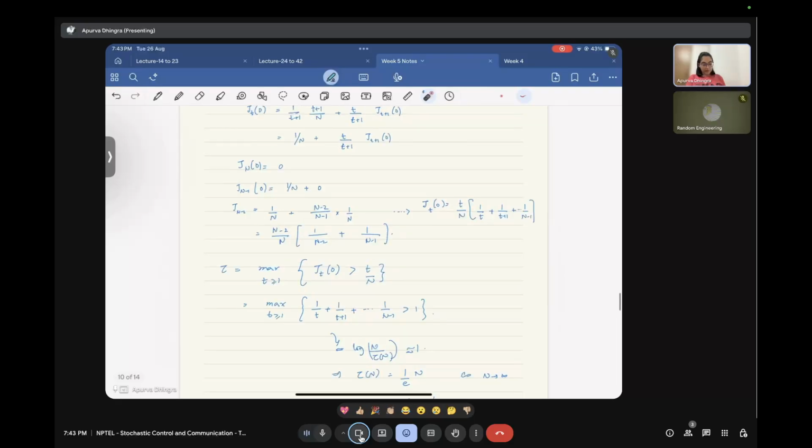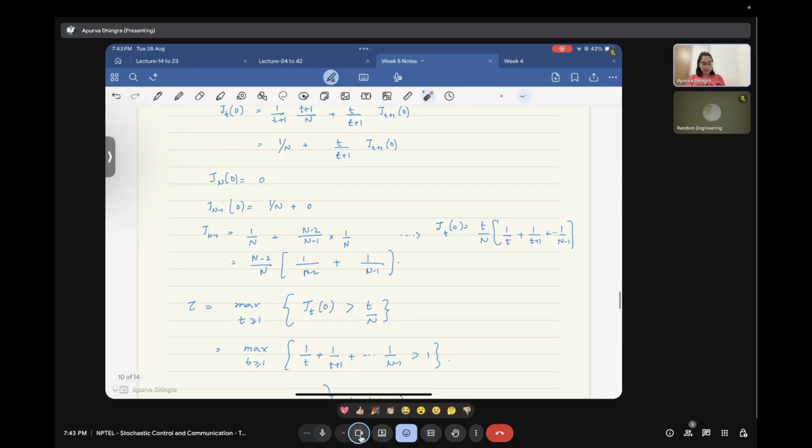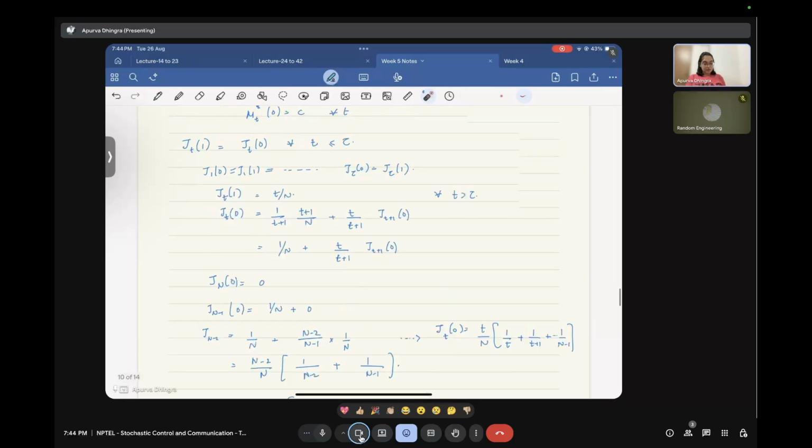Now if you look at the way j has been defined, for state s equal to 0, it's fine. This is still a part of the proof only.